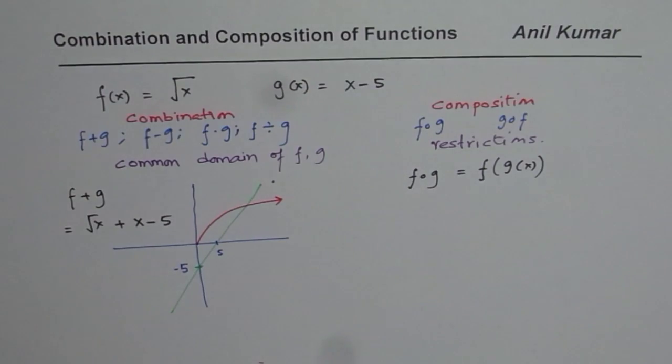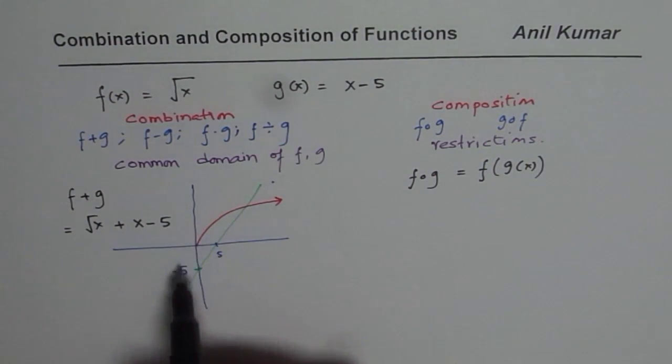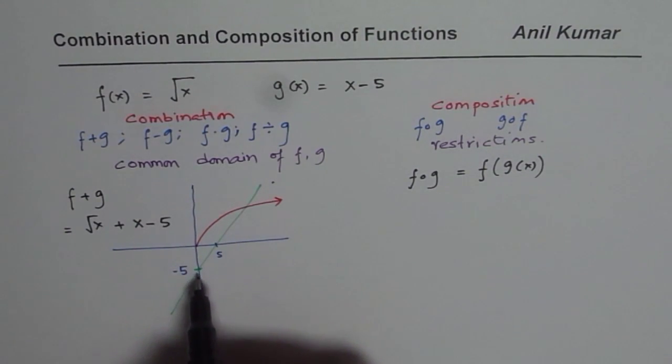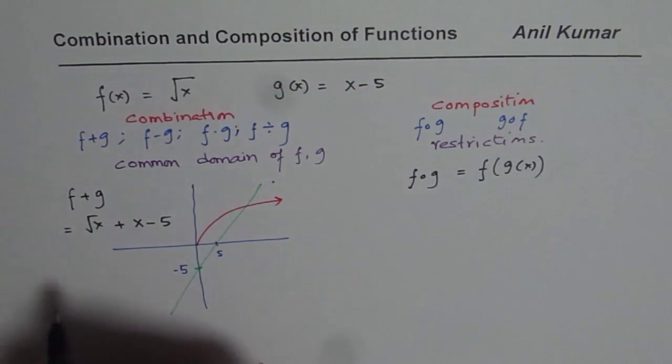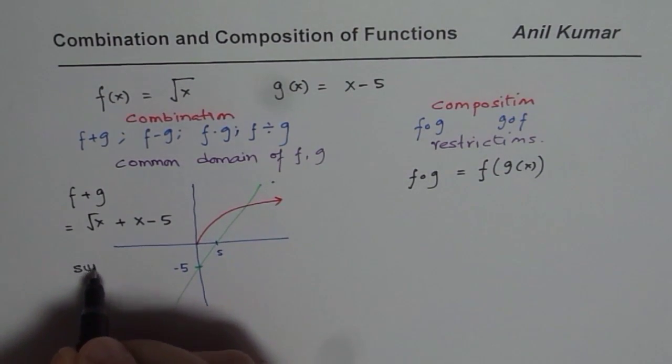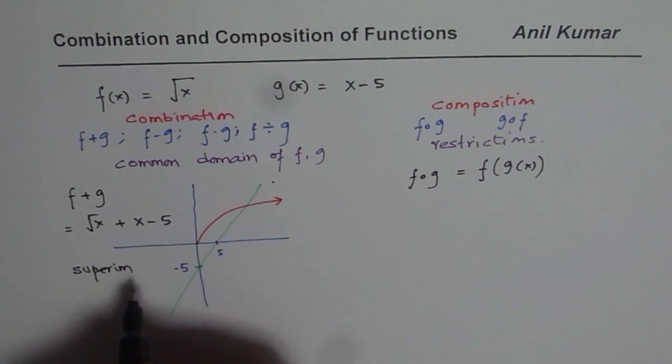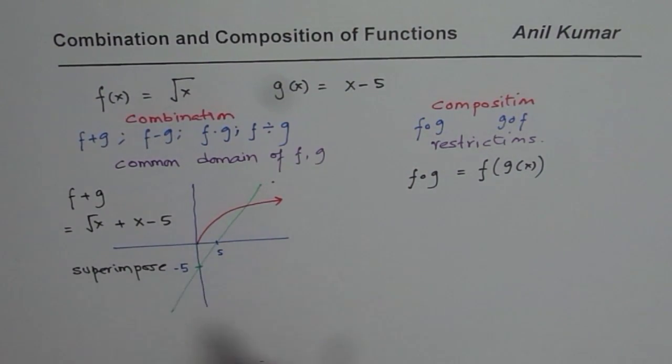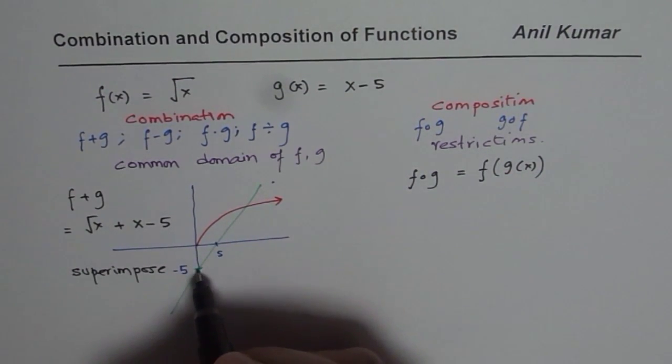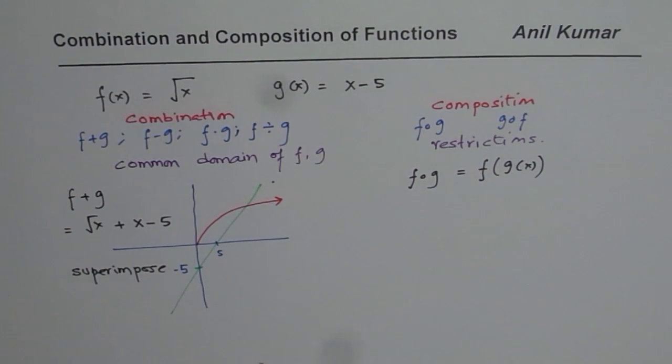That is what it means. Wherever the domain is common, we superimpose one function on the other and get our result. For the same value of x, you combine them and then you get your result.